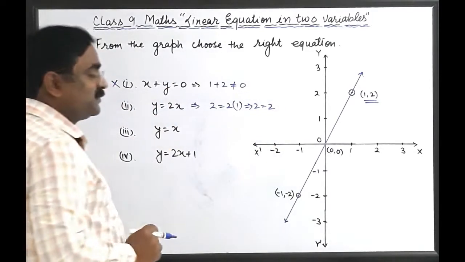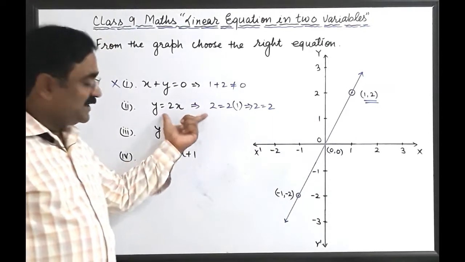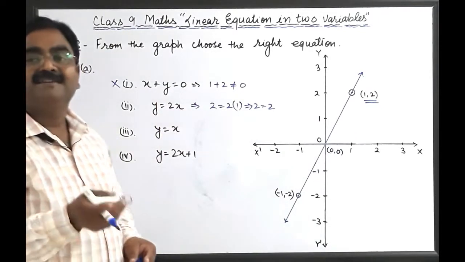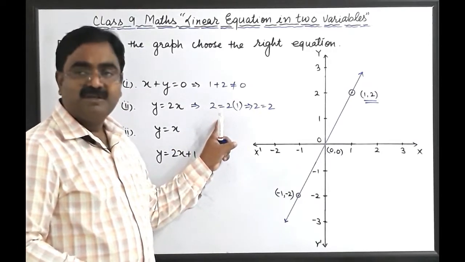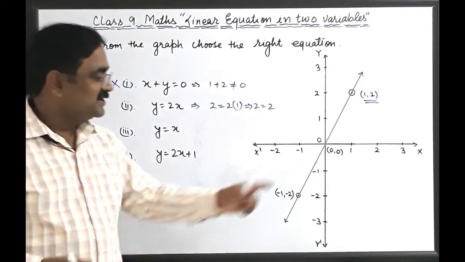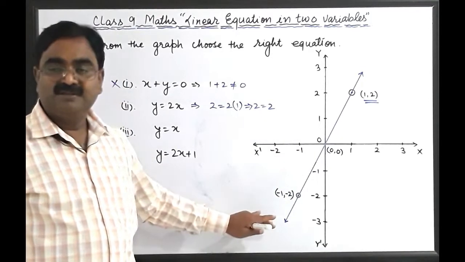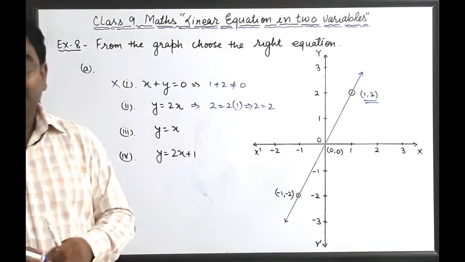It means the first point satisfies this equation. Let us check the second point. Is it satisfying this equation? If the second point satisfies this equation, then this is the equation of this given line. Right, students?